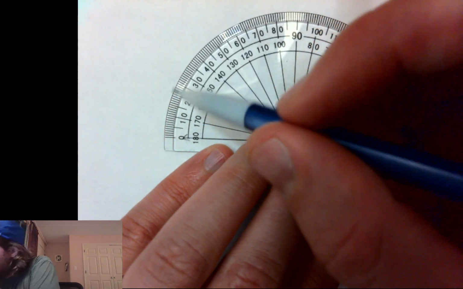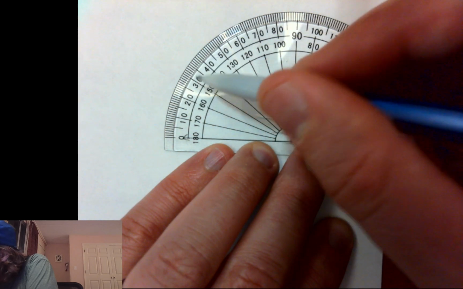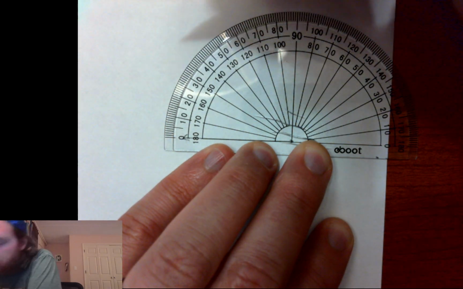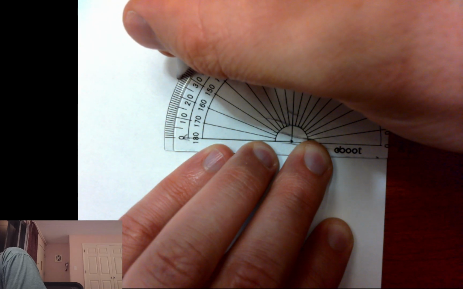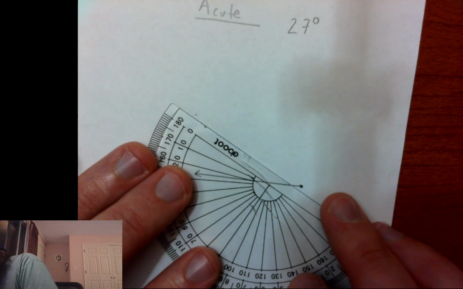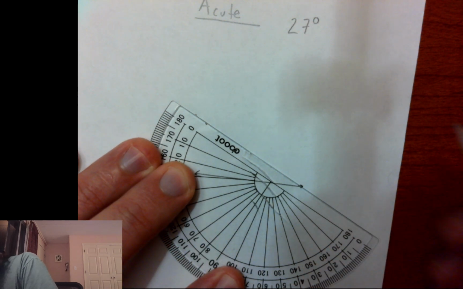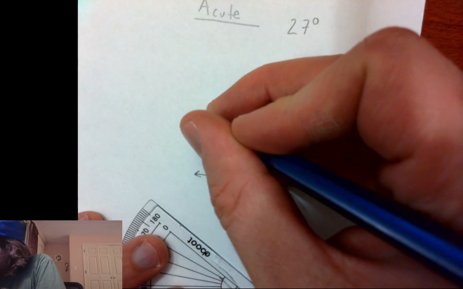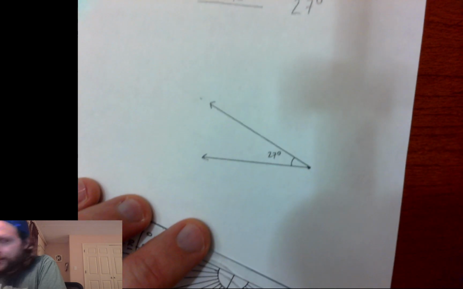So just be careful. We're going to go up to 10, 20, 30, and then we're going to come back 29, 28, 27, and I'm going to put a little mark. Look at that. And you don't have to draw all the way out to the mark. You can go kind of right before. Draw your little line. You've got a 27-degree angle.